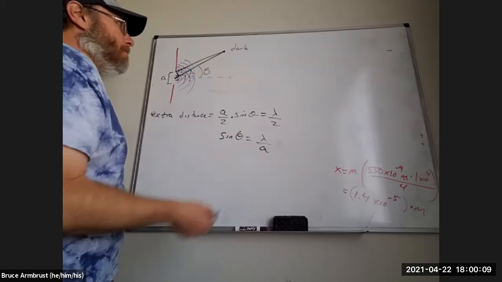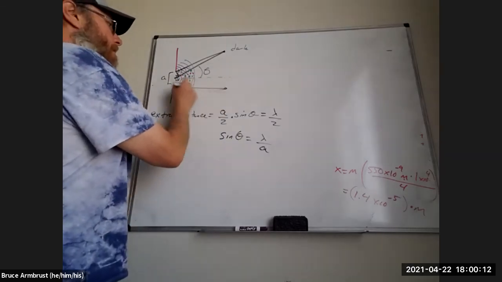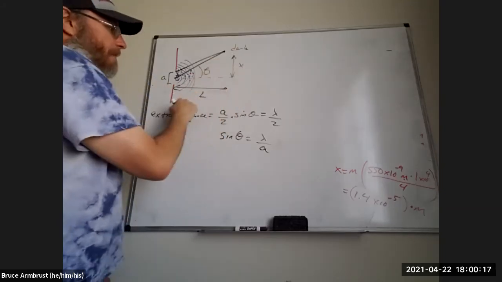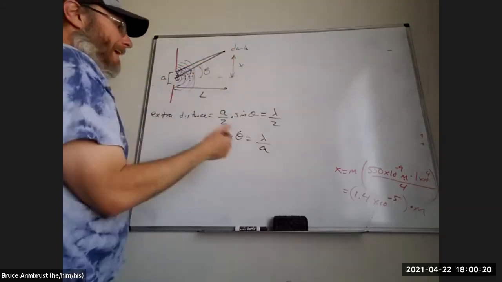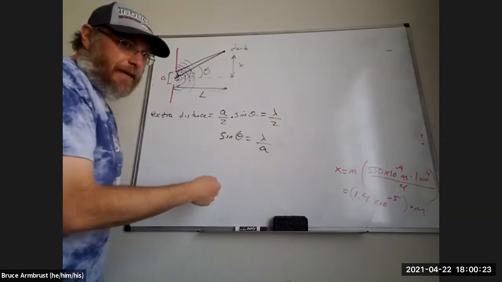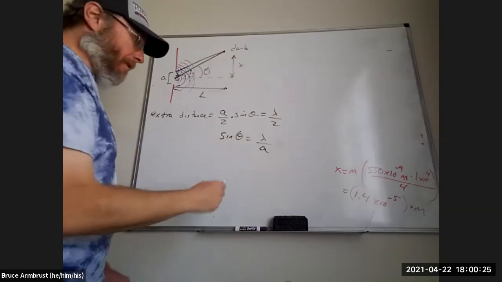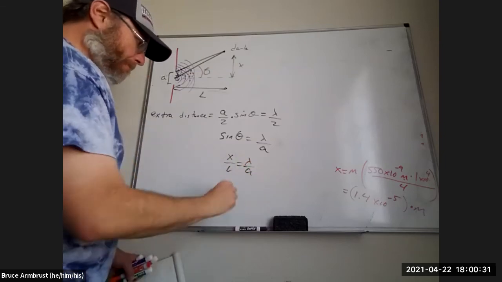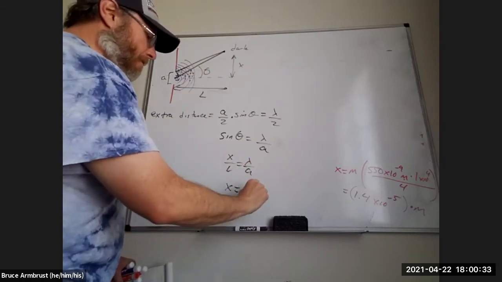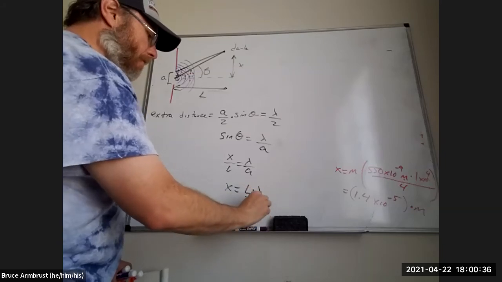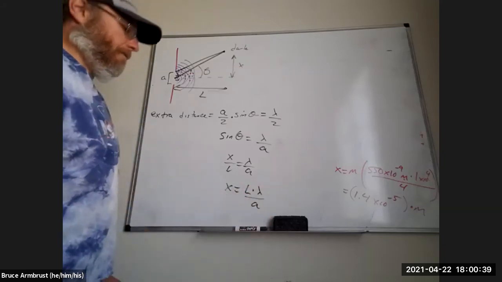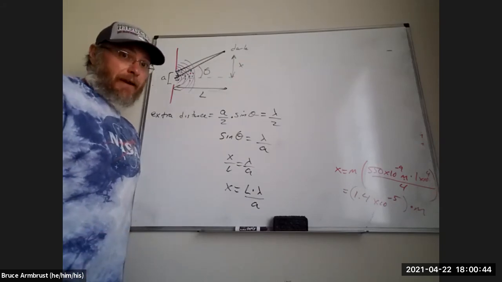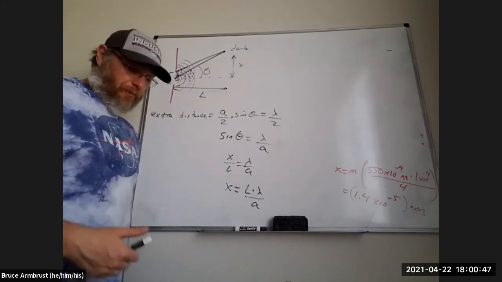Using the small angle approximation, if the screen is a distance of L away and our spot is x up, that sine is the same as the tangent, which is the same as theta, the small angle. So you get x over L equals lambda over a, or x is equal to L times lambda over a. So we should see a dark spot there from those two.